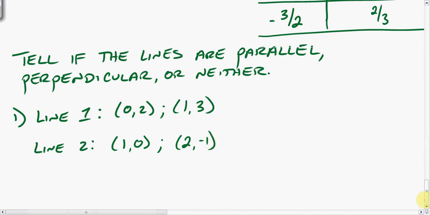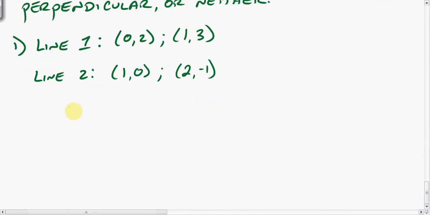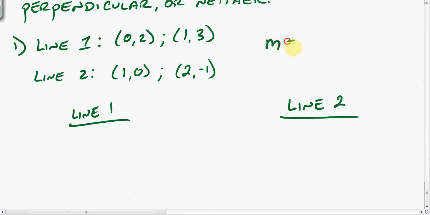So we're going to find the slope for both line 1 and line 2. We've got line 1 down here, and we'll do line 2 over on the right side. And remember, the formula for slope is m equals y2 minus y1 over x2 minus x1. It's the change in y over the change in x.